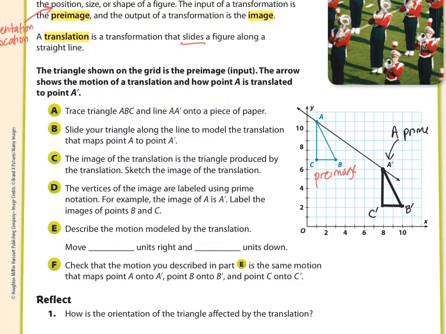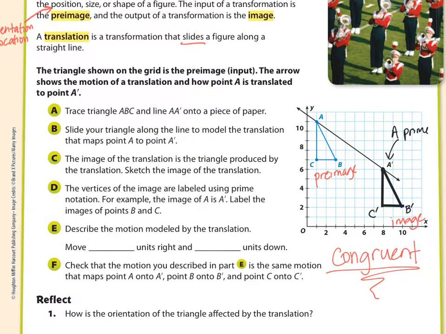And then I end up with my image after I translate it. Both the pre-image and the image are exactly the same triangle. We call that congruent. When they're the same size and the same shape, they're congruent. And you'll notice that we always get congruent figures when we do a translation.